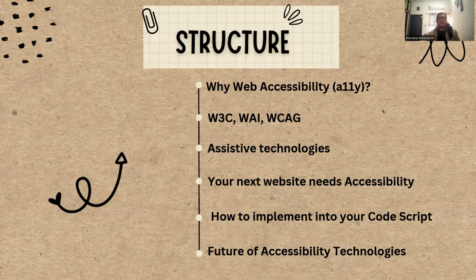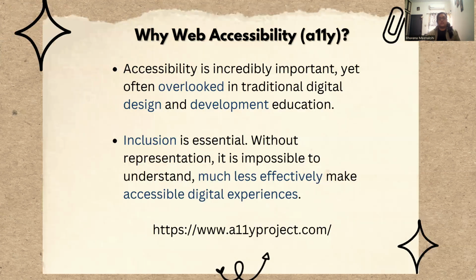And then it's about the future of accessibility technology. My talk is going to be more about the web and making the web an accessible point. That's more like the place of access for various sources of information that you are looking for. So I wanted to discuss more of this.